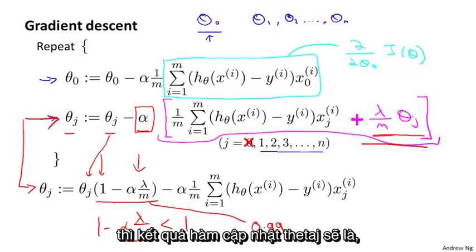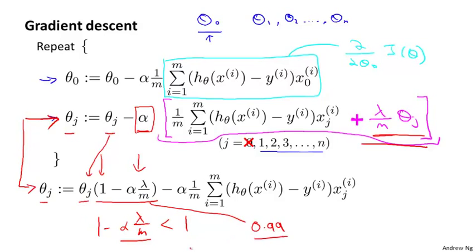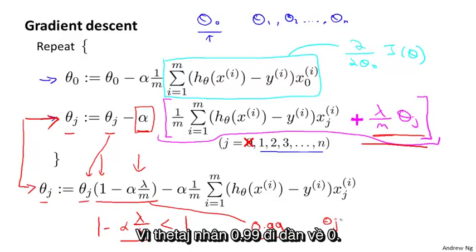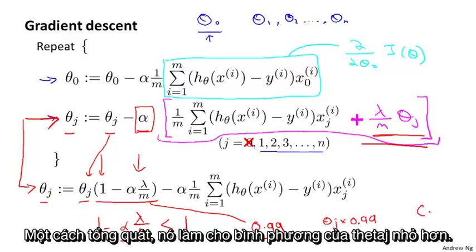And so the effect of our update to theta j is that theta j gets replaced by theta j times 0.99. So theta j times 0.99 has the effect of shrinking theta j a little bit towards 0. So this makes theta j a bit smaller, or more formally, this makes the squared norm of theta j a little bit smaller.